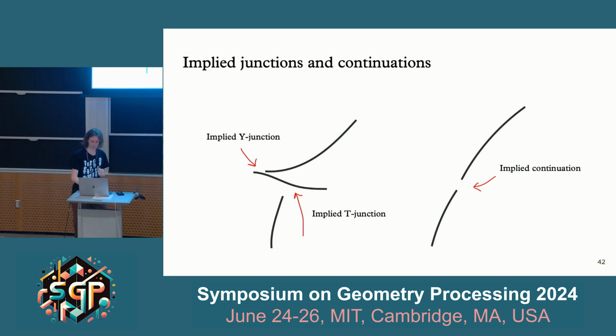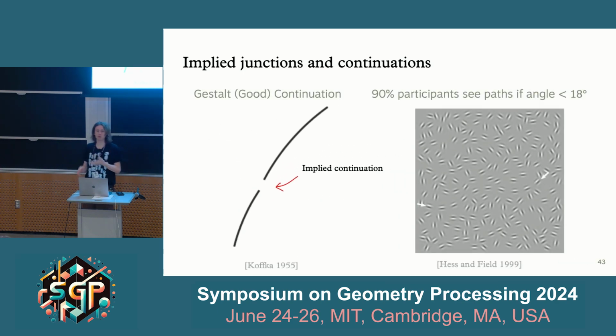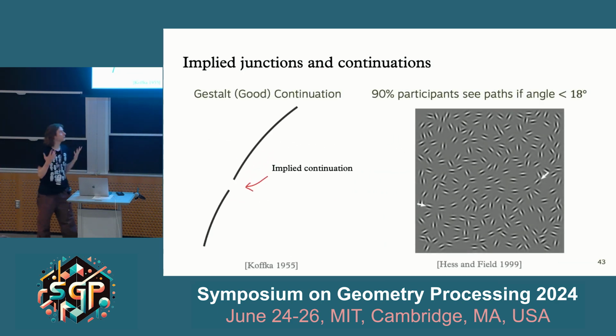So somehow the artist broke the stroke into two. And how to formulate that, how to even understand that? Well, formally in psychology, this is explained with something called Gestalt continuation. So essentially when strokes look at each other or can be easily connected, our brain interprets it as a single curve or as a good continuation.